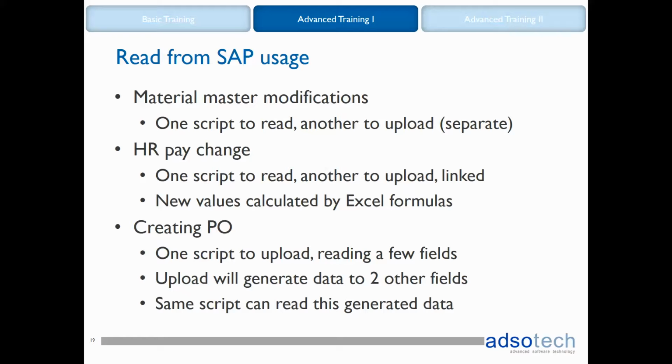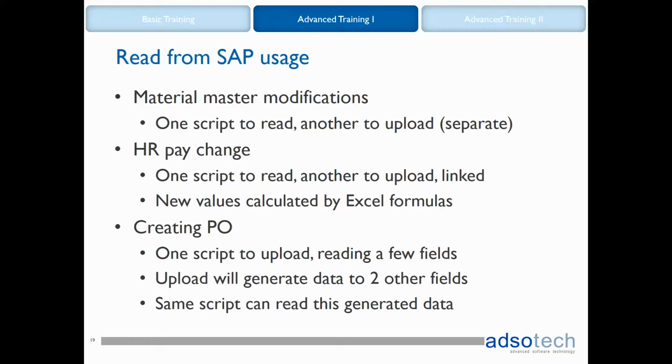With the formulas in Excel automatically calculating the new values, we can link the scripts together, which means they will work almost as one, and the user needs to start the run only for the first script, and the second will follow automatically.